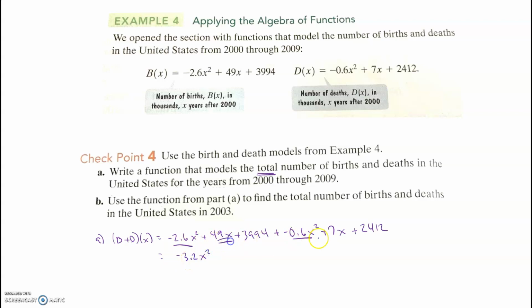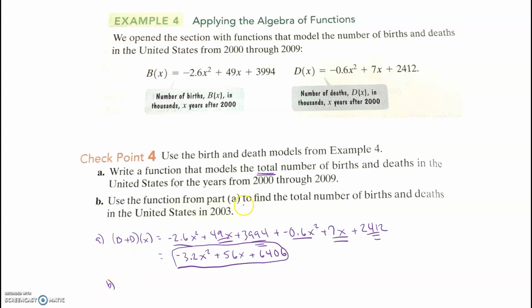We've got some x's, so we've got 56x, and we've got some constants, which add up to 6,406. And that would be my function for the total. So if you wanted to find the total, that's the function you would use. Births and deaths in a year.